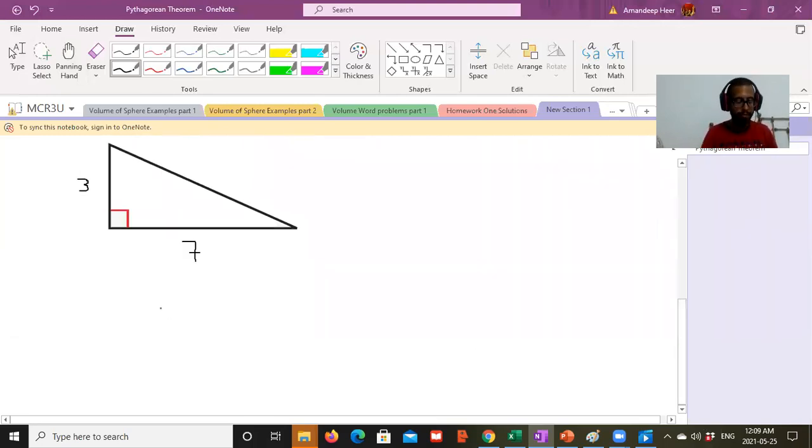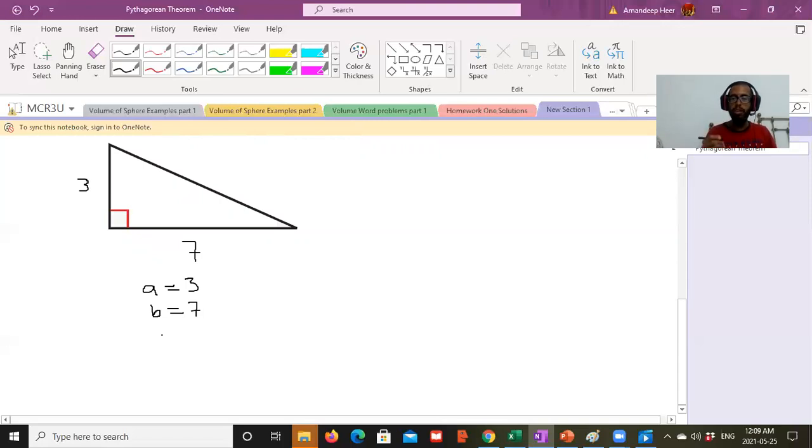Here A is 3 and B is 7. Notice that A could also be 7 and B could be 3. You can interchange the two because A and B just refer to the lengths of any of the short sides.